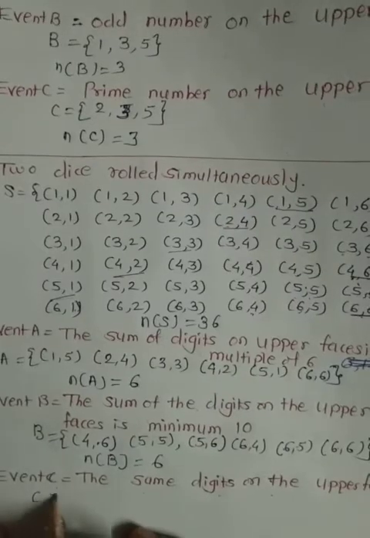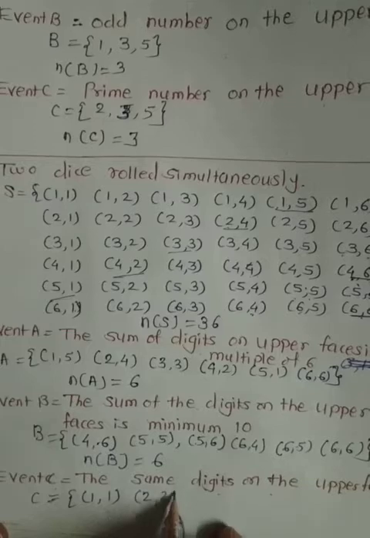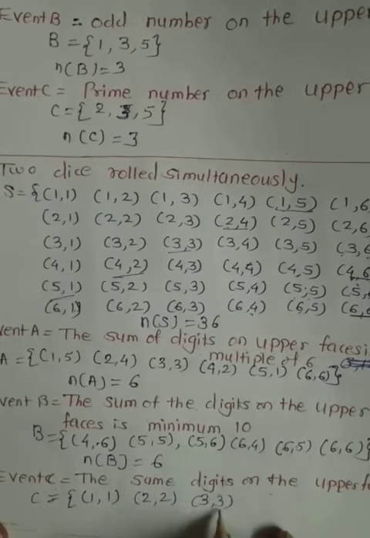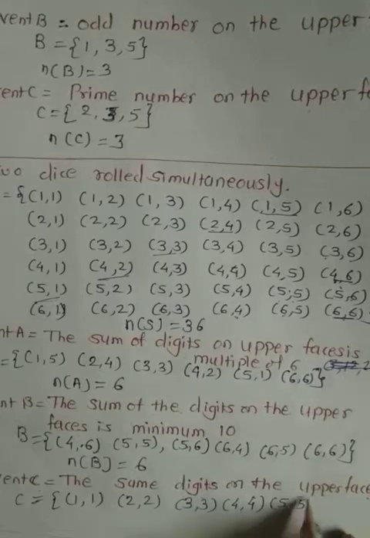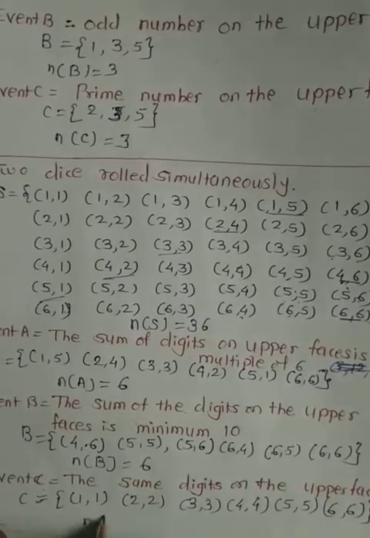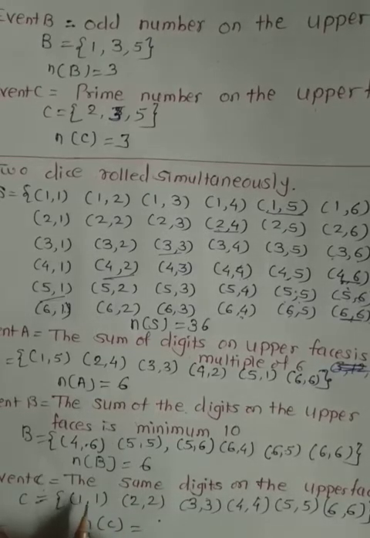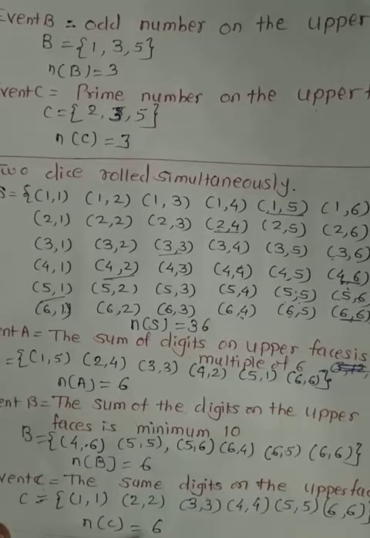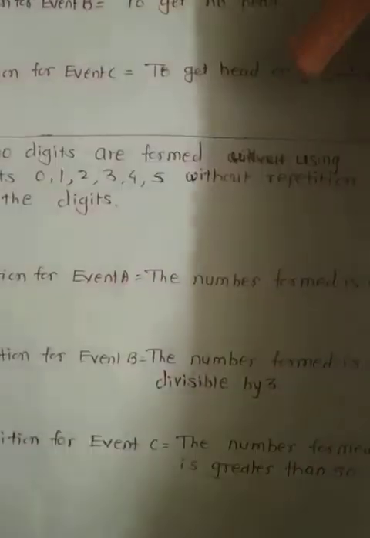Therefore here we write C is equal to 1,1; 2,2; third one 3,3; next 4,4; next 5,5; and last one 6,6. Therefore the number of C is again the number of sample points: 1, 2, 3, 4, 5, 6, that is 6. In this way we solved two examples. Now we are taking the third example.